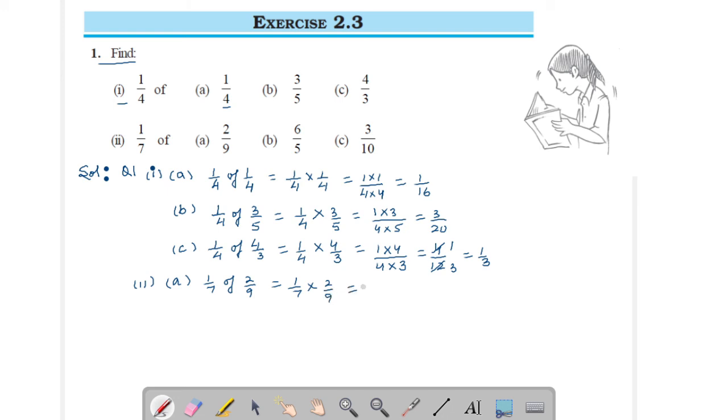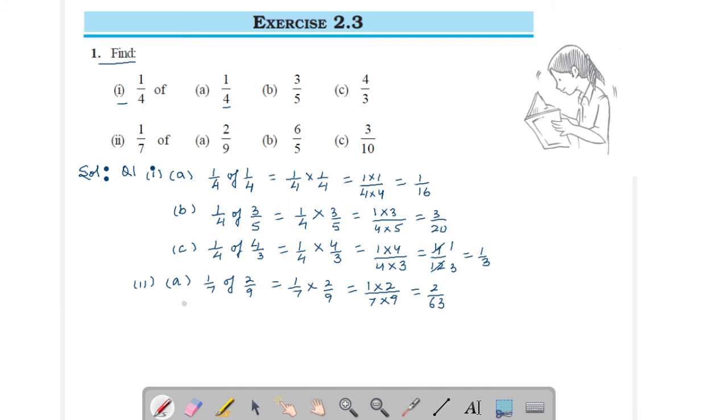Here multiply numerator by numerator, that is 1 into 2, and denominator by denominator, that is 7 into 9. Multiply this, 1 into 2, it is 2 upon 7 nines are 63. Your answer is 2 upon 63.